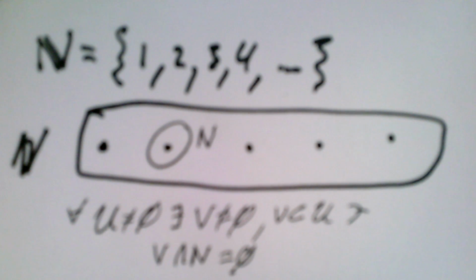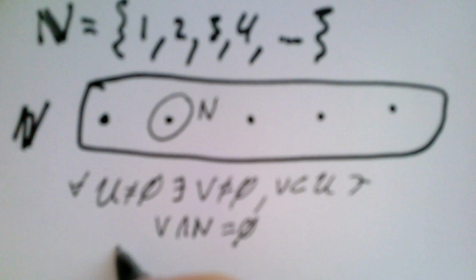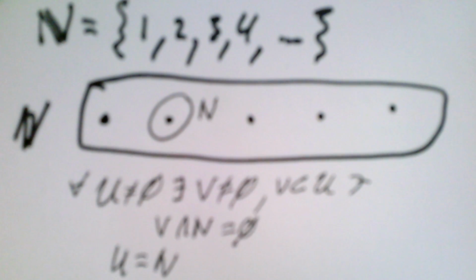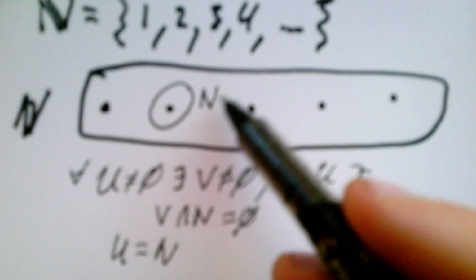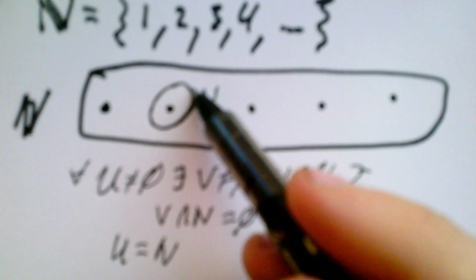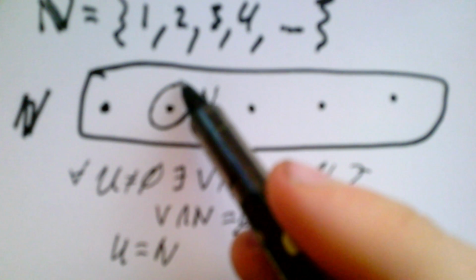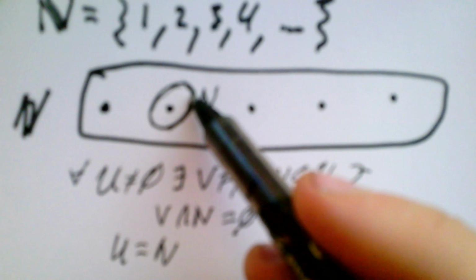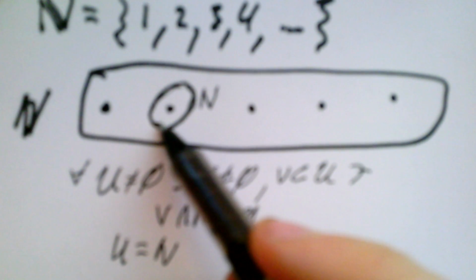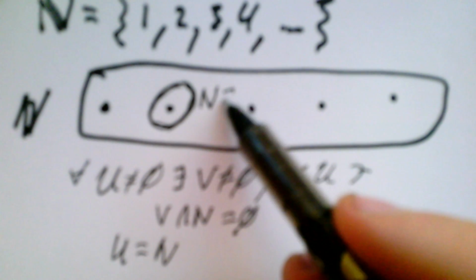So if I let U equal N, well, this is an open set. I have my set N that I'm trying to prove is not nowhere dense, to prove it is somewhere dense. I have U equal to N, so that's the same set.